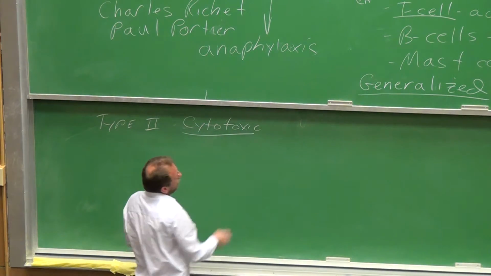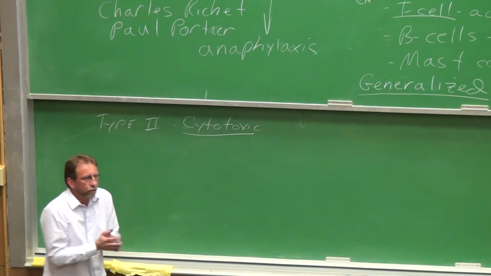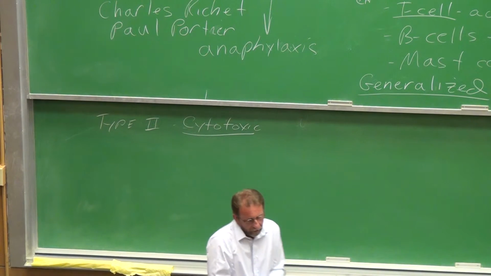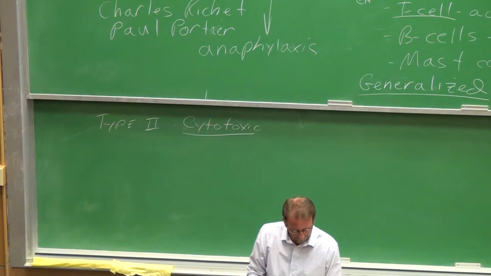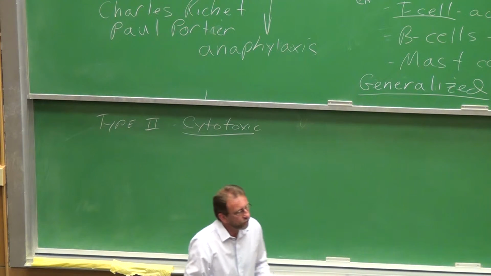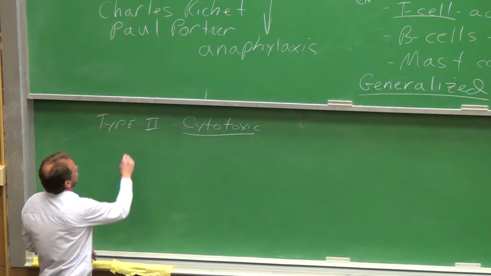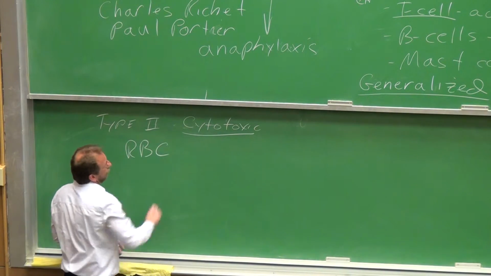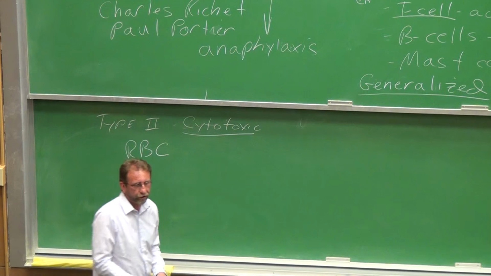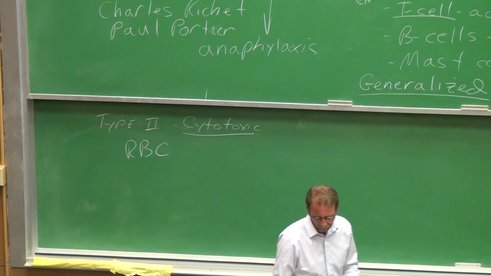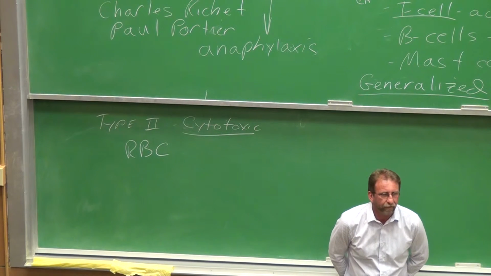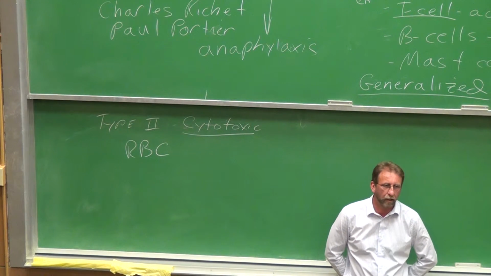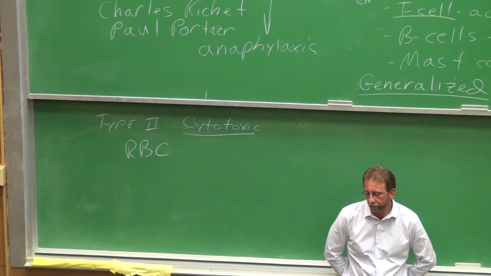In this case here, we're talking about your red blood cells and antibody reactions to those red blood cells. So our red blood cells have on them antigens naturally. The type of antigen that you're going to have is going to depend on the blood type that you have.